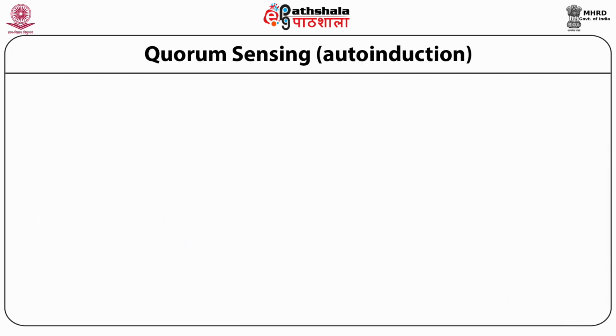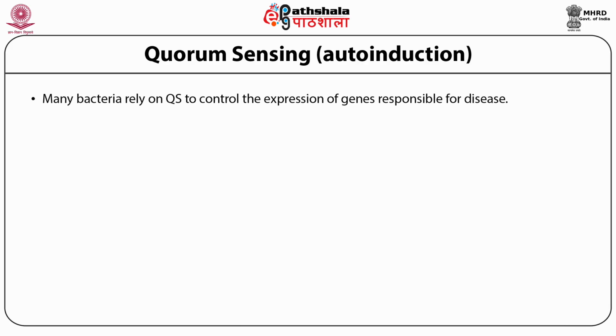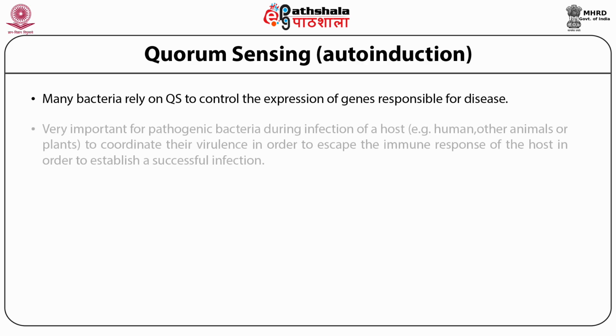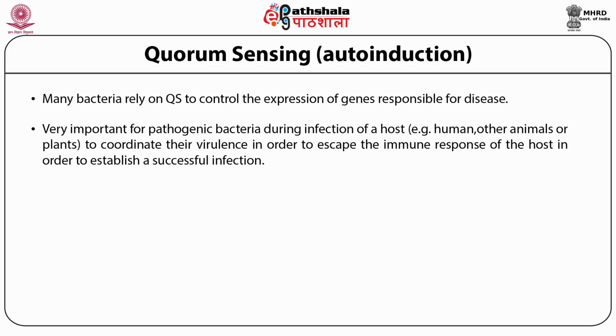So in the quorum sensing process, many bacteria rely on quorum sensing to control the expression of genes responsible for diseases. It is very important for pathogenic bacteria during infection of a host, that is humans, other animals or plants, to coordinate their virulence in order to escape the immune response of the host and establish a successful infection.